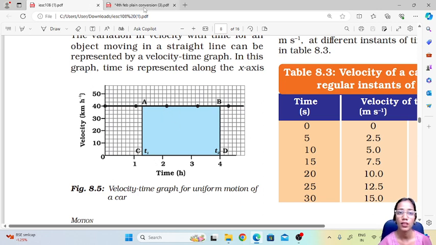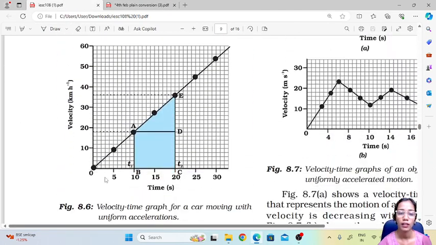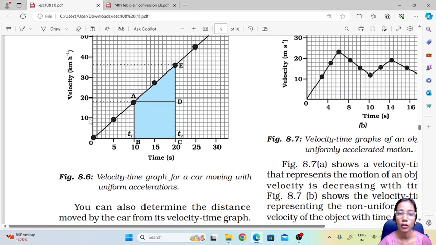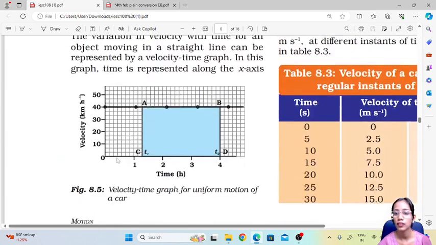Now comes into picture the acceleration. Acceleration is when the velocity is changing. So when velocity is changing, that is equal change in velocity, there we call the uniform acceleration. You can see this table over here.